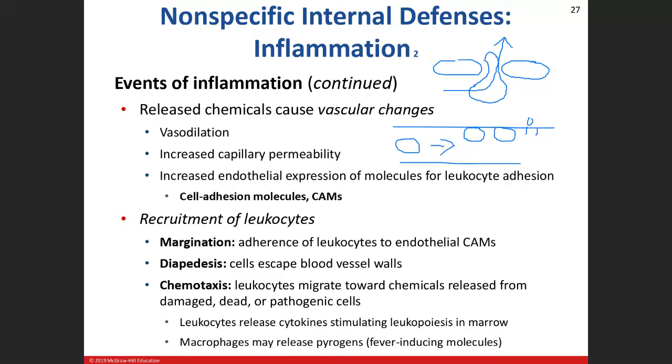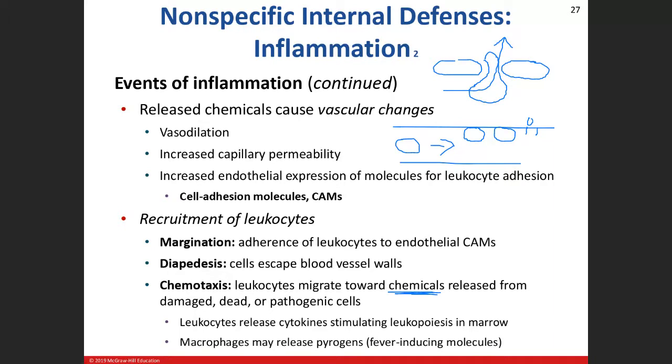Okay? Now, on the other side of that blood vessel wall, the damaged tissue is releasing chemicals, shooting up the flare. Those are chemotaxic chemicals attracting these cells to migrate to that area there. So it's really kind of cool. So these chemicals that are being released are from a couple different things.